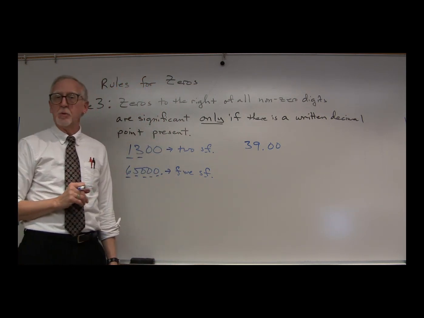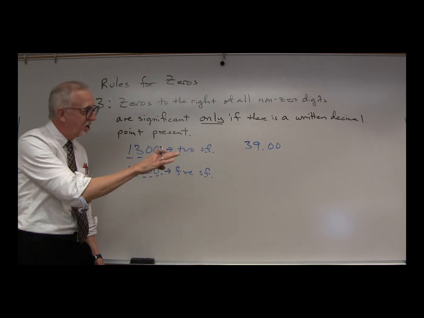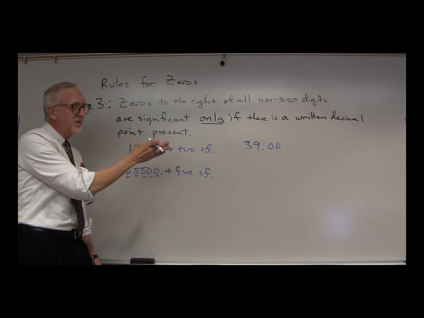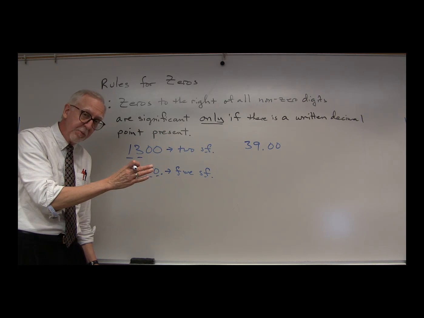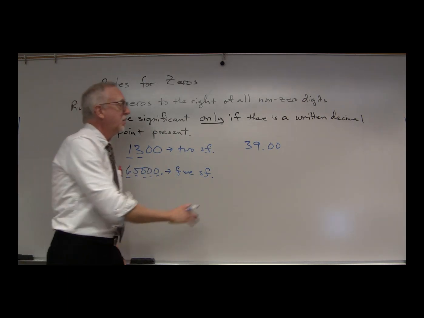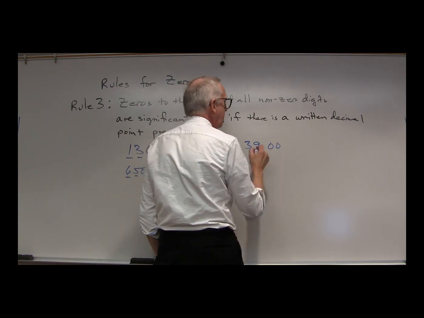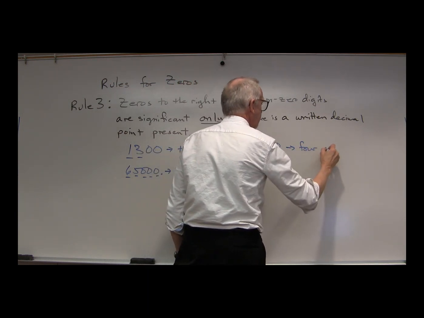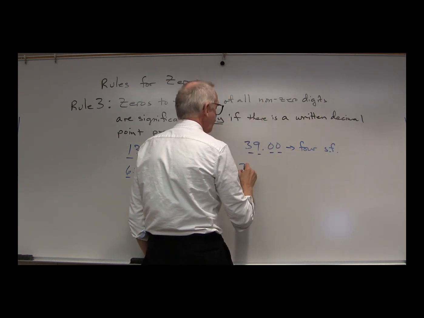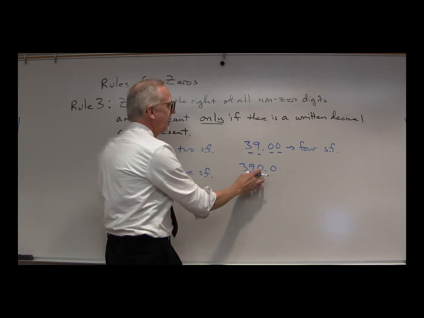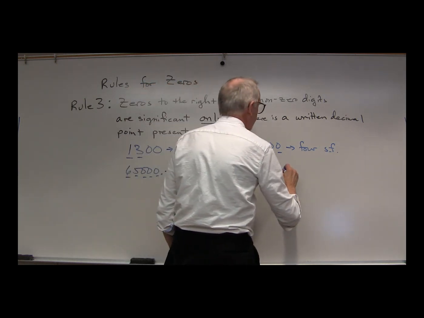Again, there is a decimal point present. That makes all of the zeros significant that are to the right. It doesn't matter whether the zeros are to the left of the decimal point or to the right of the decimal point. They are still significant. So 39.00, how many? 4 sig figs. If this were 390.0, still 1, 2, 3, 4. Still 4 sig figs.